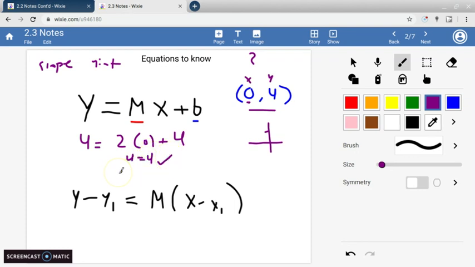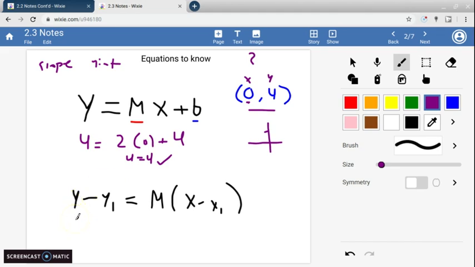That's true. And then down here, you would do the same thing, except you don't plug in anything for the x and y in this case. You plug it in for the x1, y1.